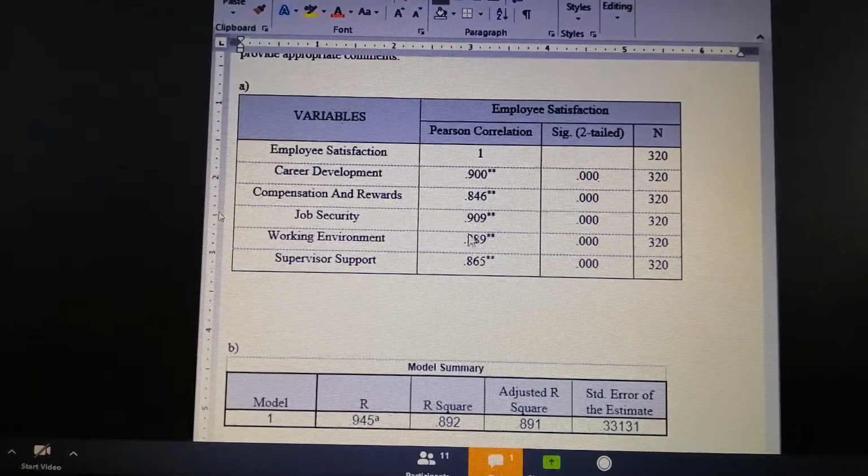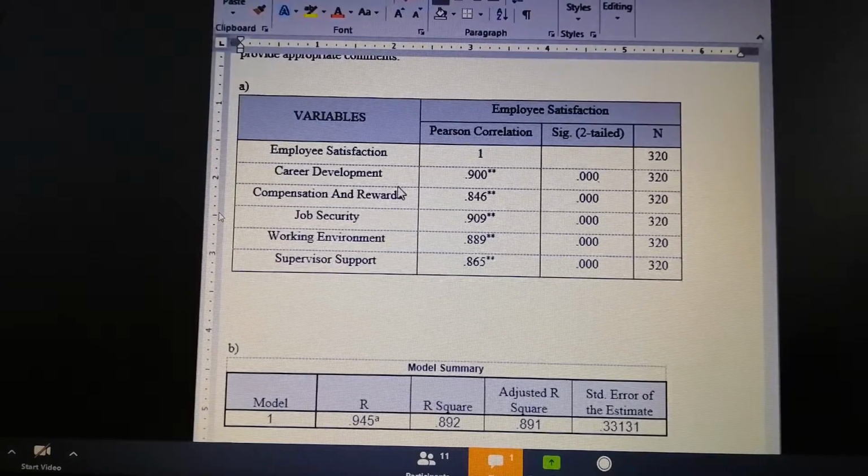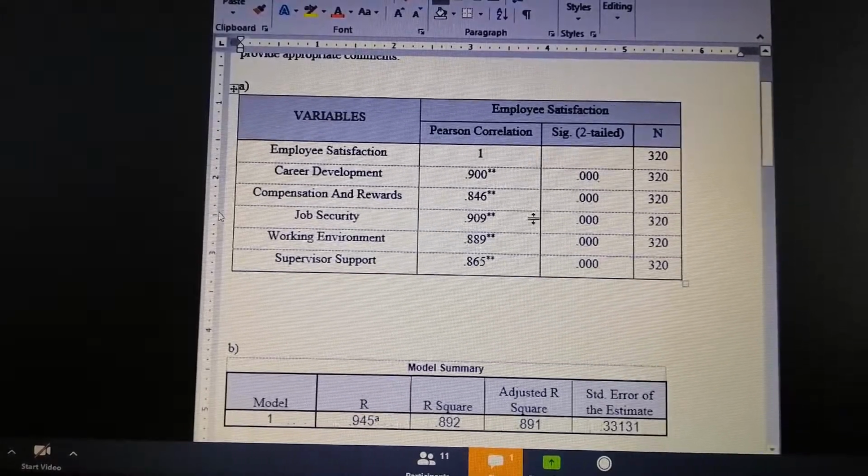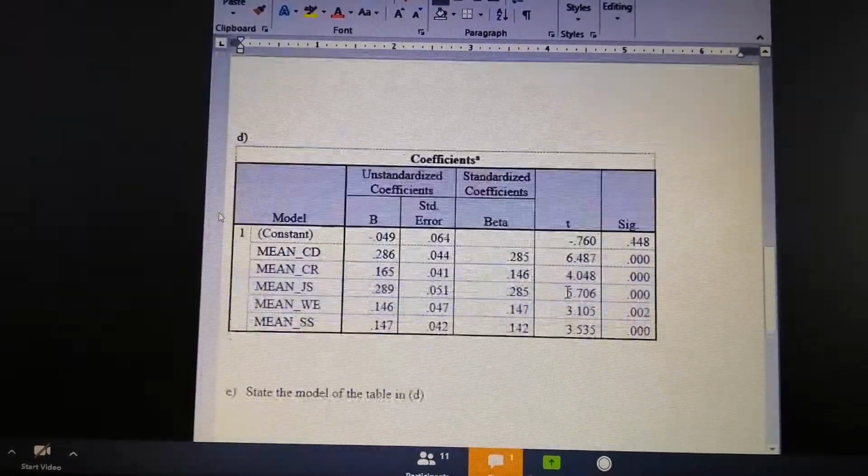So this is what you can conclude from that table.